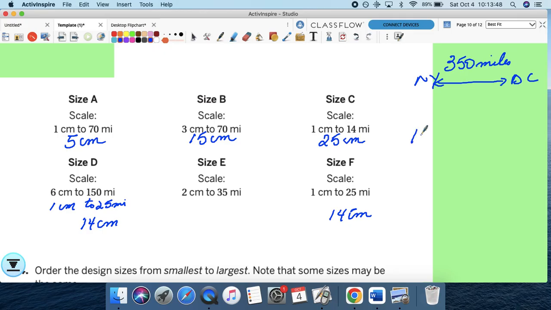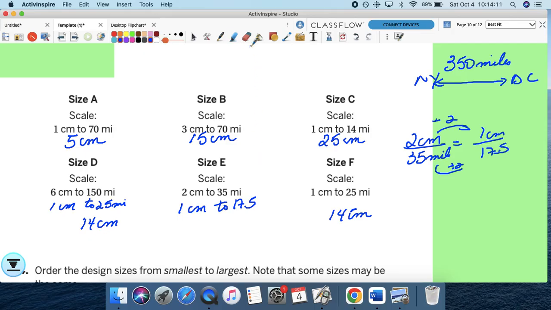I'm going to simplify that. 2 centimeters to 35 miles. If I divide the top by 2, I get 1 centimeter. I divide the bottom by 2, I get 17.5. So this one, 1 centimeter is 17.5 miles, and that's how I'm going to set up the problem.